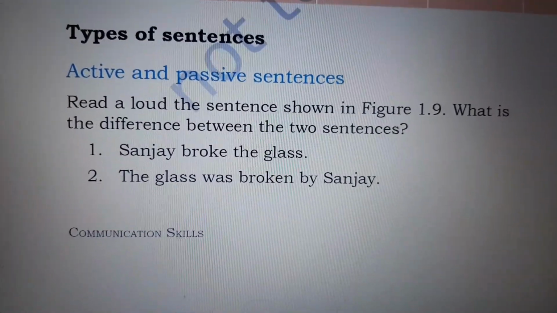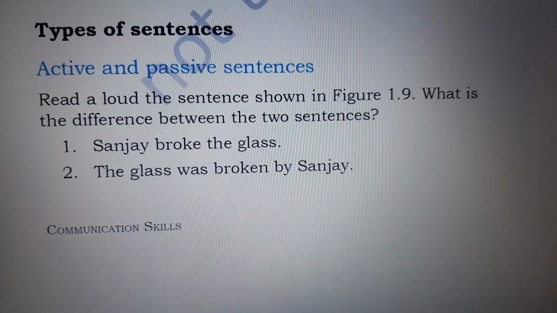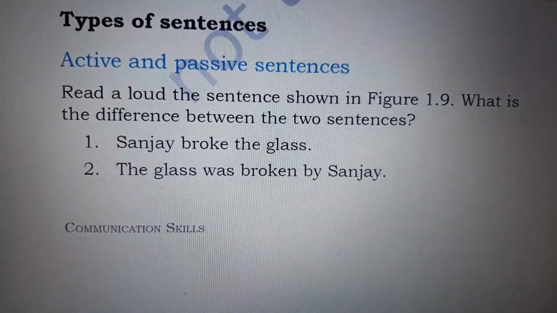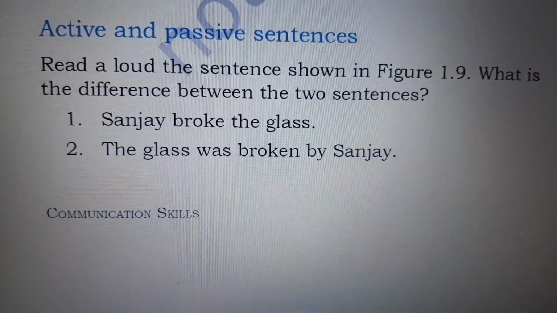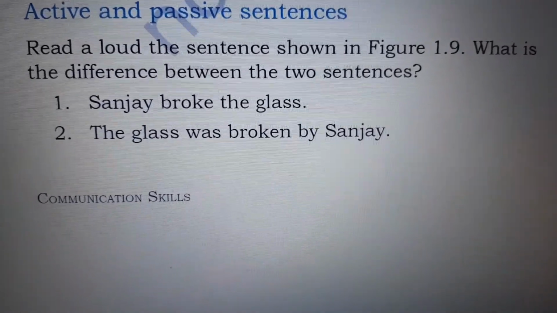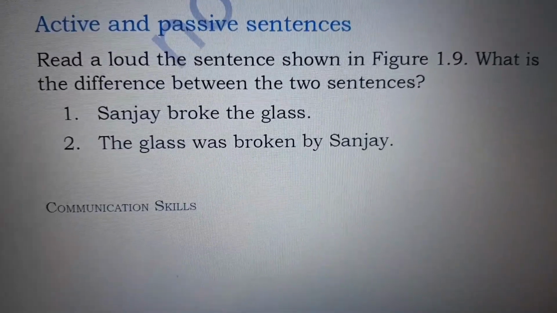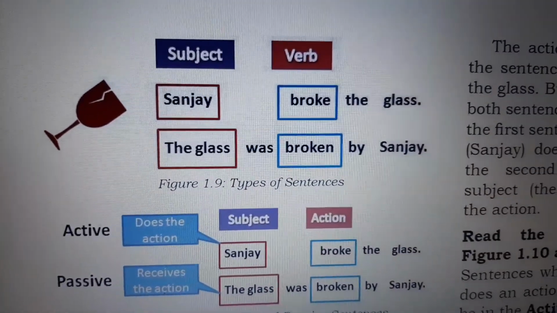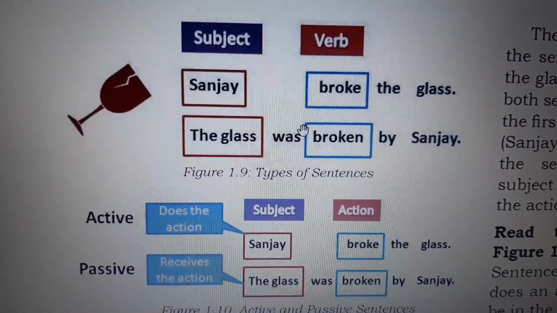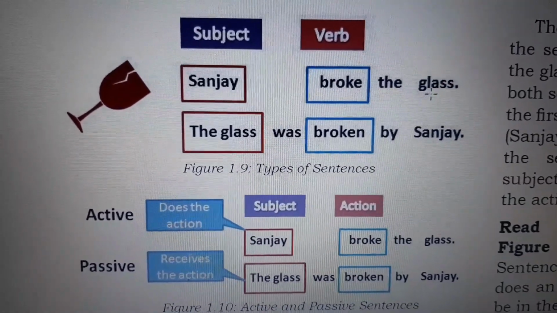Now here come the active and passive sentences. Sanjay broke the glass. Active voice. The glass was broken by Sanjay. Passive voice. Let me tell you how it is classified. Sanjay broke the glass.